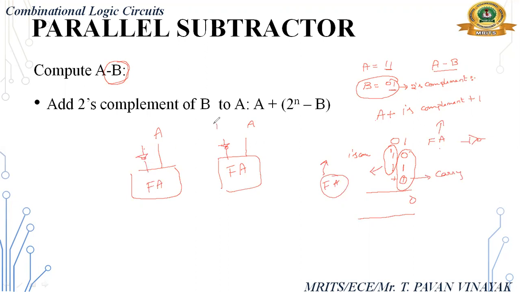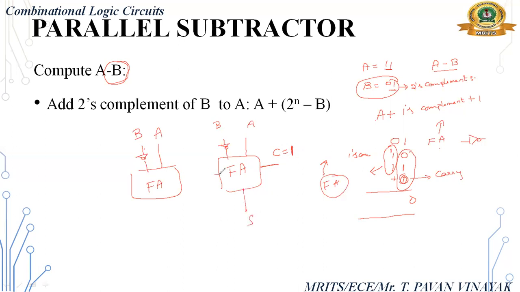This is B. This is B. Next, carry. To this carry, we are adding 1. So initially, in the previous parallel adder, you gave C equal to 0. But here, you have to give C equal to 1.